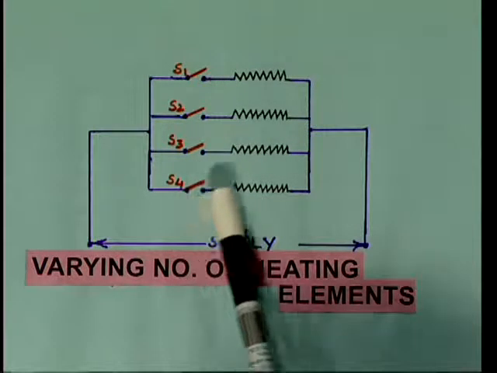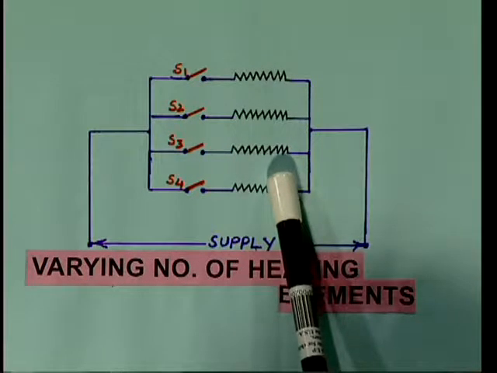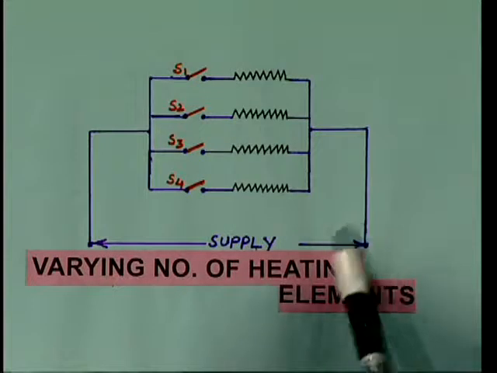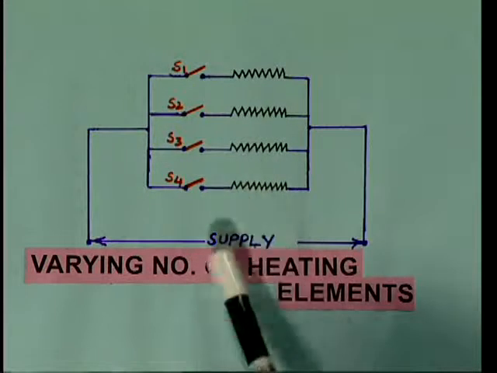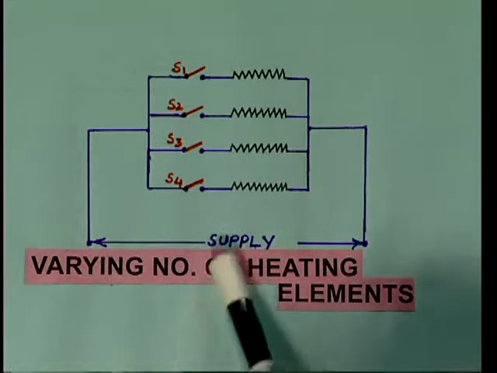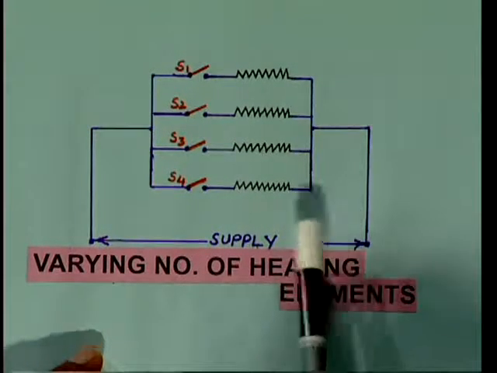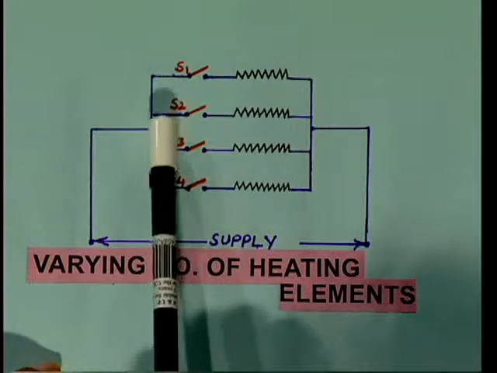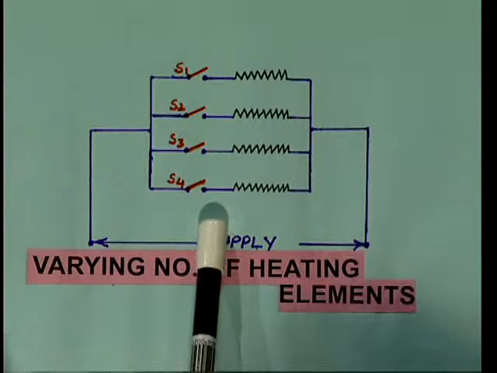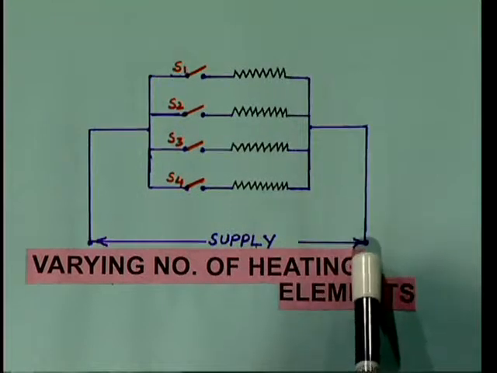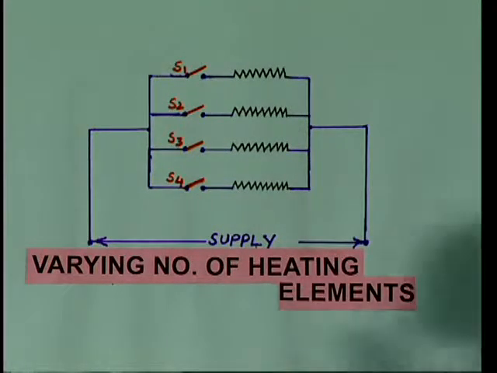So, these 4 are independently controlled and finally they are connected to the supply. In this way we can connect the heating elements. Suppose we want a low temperature, then opening S1, S2, S3 we can close the S4 switch. So, only one heating element will be there, therefore the voltage will be applied to only that particular heating element instead of being divided among so many heating elements.